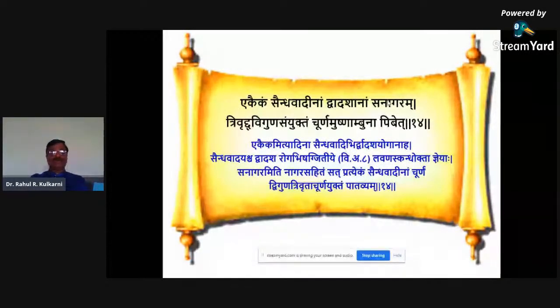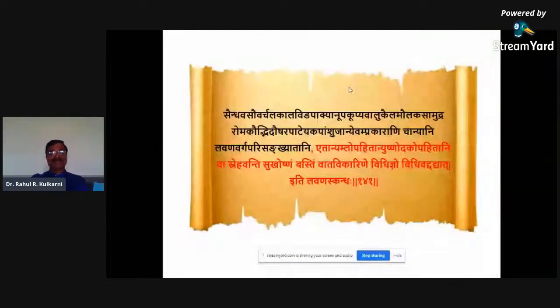So where these 12 types of lavanas have been explained is in Vimana sthana, lavana skanda. Saindava, Savarchalaka, Bida, Pakya, and Pakyan, Anupa, Kupya, Valukair, it goes on explaining. So these are the 12 types of lavanas.